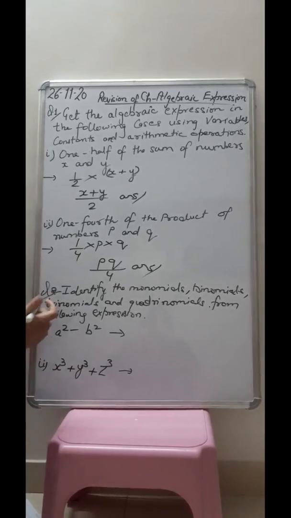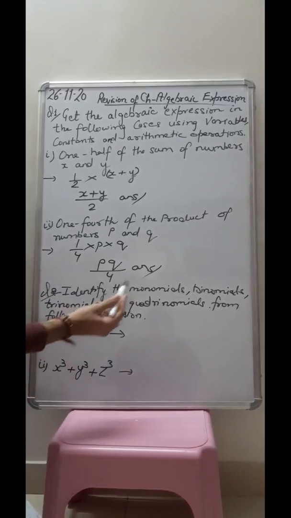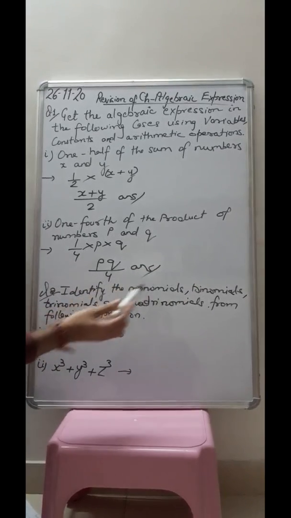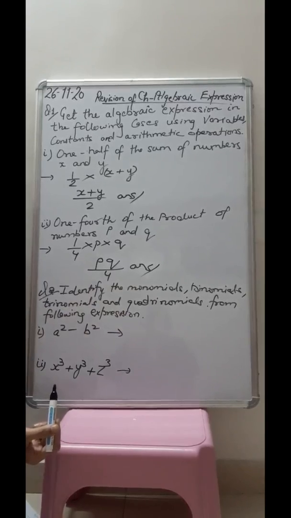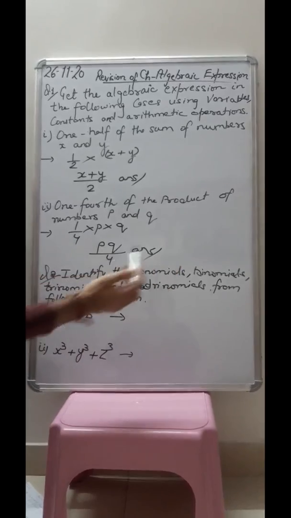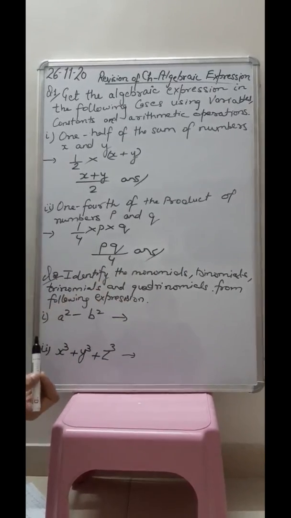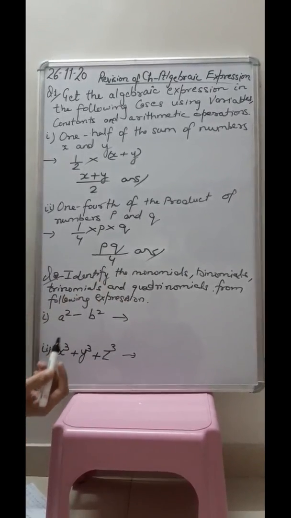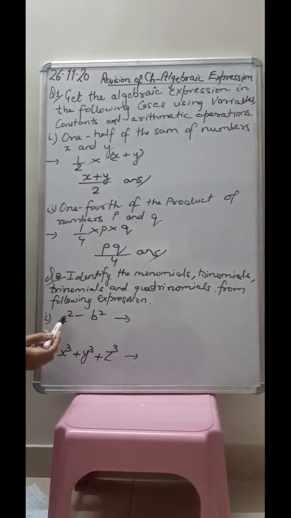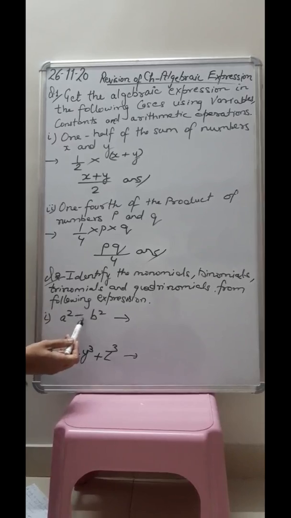Now the second question is: identify the monomials, binomials, trinomials and quadrinomials from the following expressions. Here we have to tell which expression is monomial, binomial, trinomial or quadrinomial. In the first part we can see that this expression contains two terms. The first term is a square, the second term is minus b square.